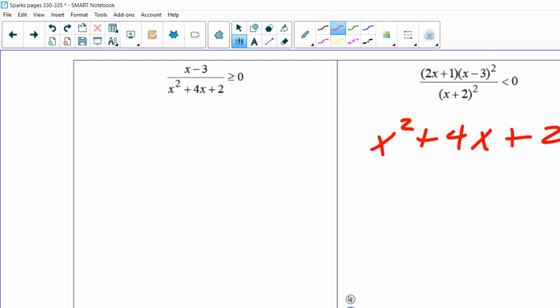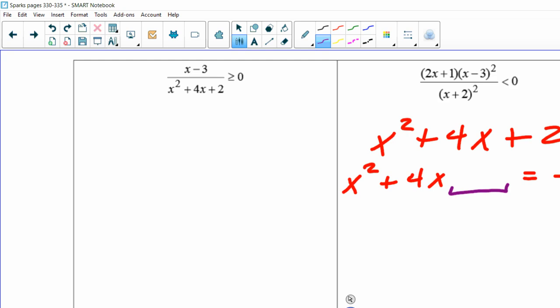Completing the square is really easy when your leading coefficient is 1 and that middle term is even. If you remember, you take your constant and move it to the other side and leave a little space. To complete the square, what do you do with that number?